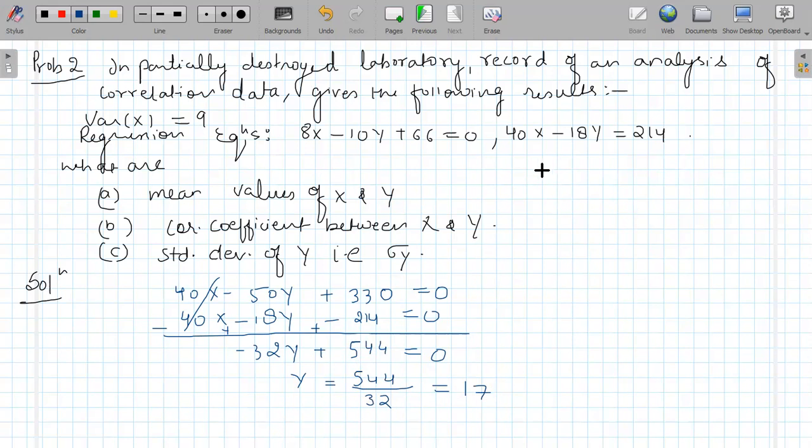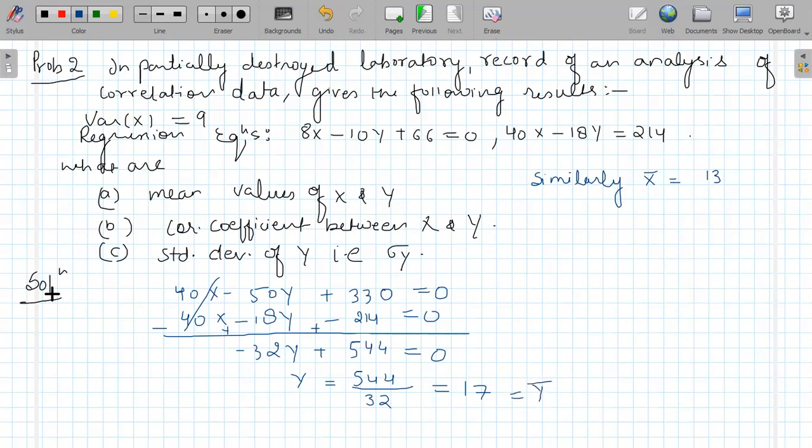Now to find average value of x, similarly x bar is 13. This is y bar.